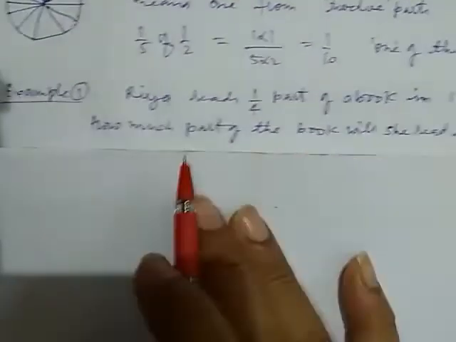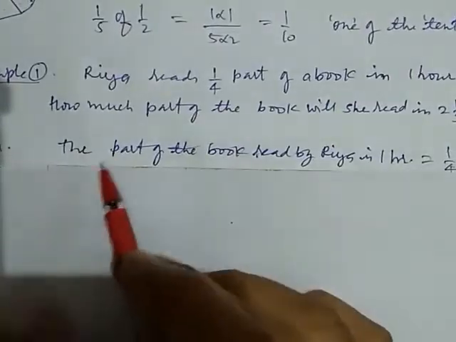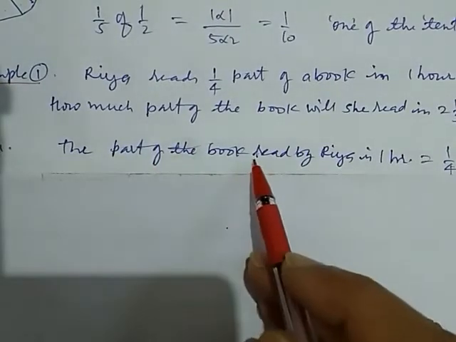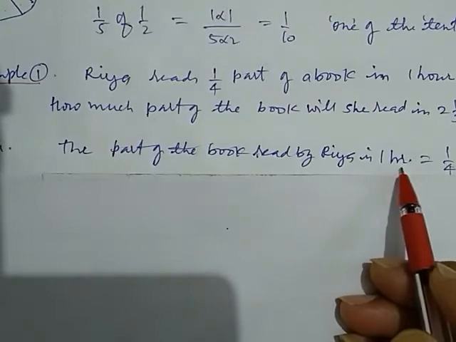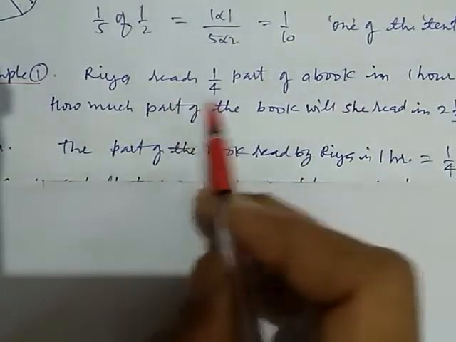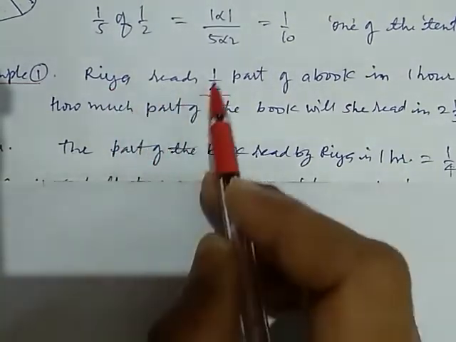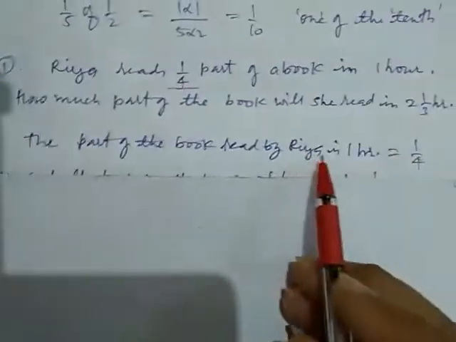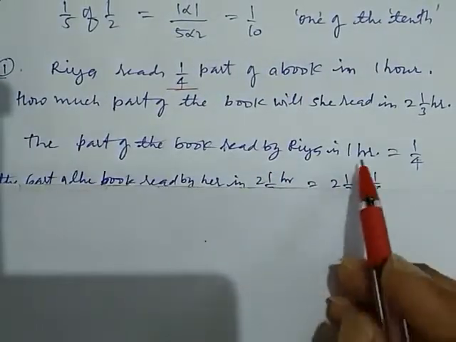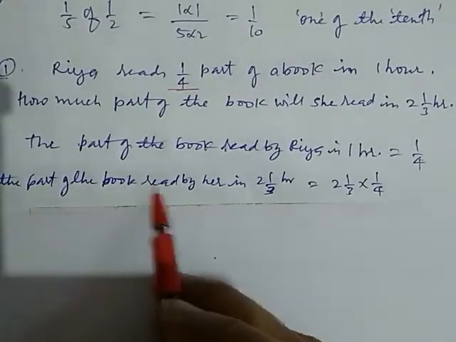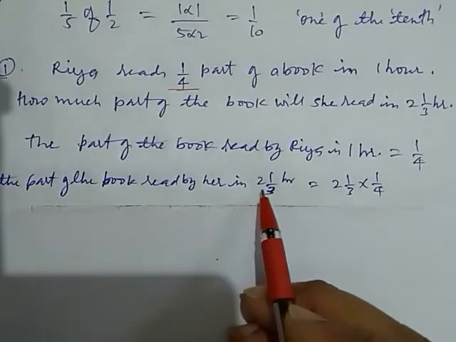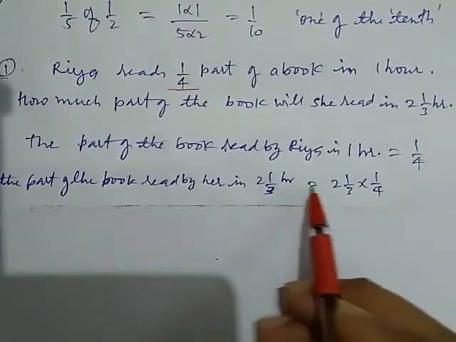So we proceed. The part of the book read by Ria in 1 hour is 1/4. Here Ria reads 1/4 part of the book in 1 hour, so we write down 1/4. So the part of the book read by her in 2 and 1 by 3 hours is how much?